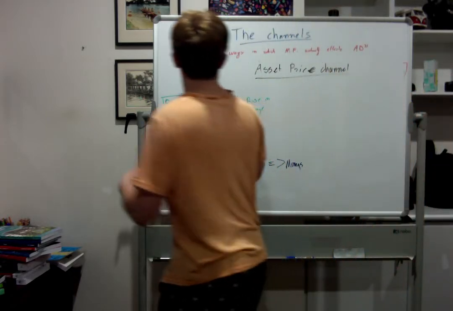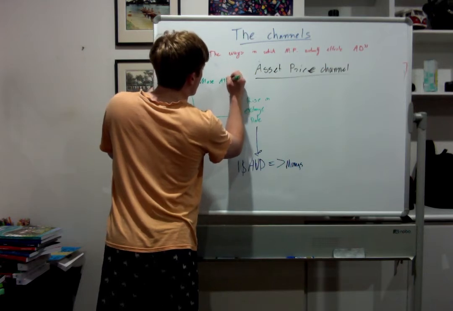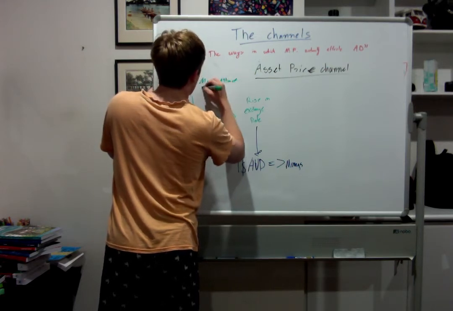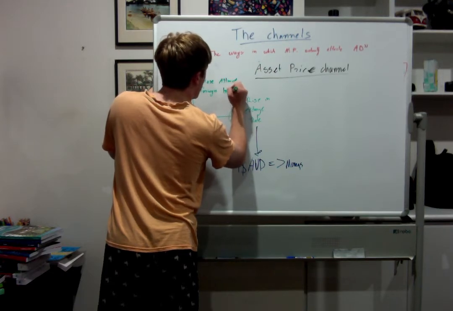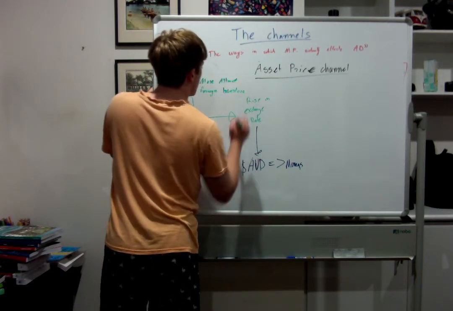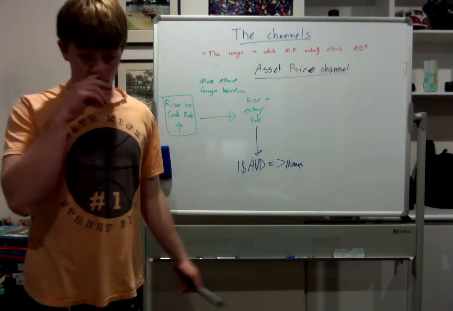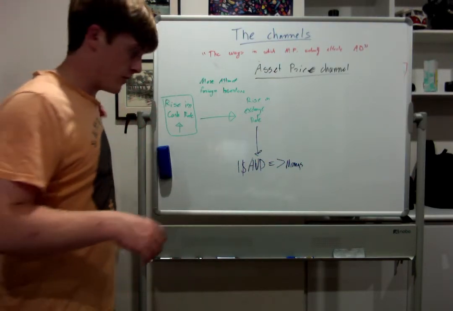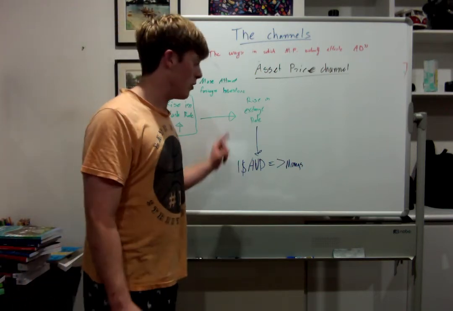So it's more attractive to foreign investors. Basically, a foreigner can get more money lending to an Australian than they could to someone from their own country. So suddenly a lot of people want AUD.